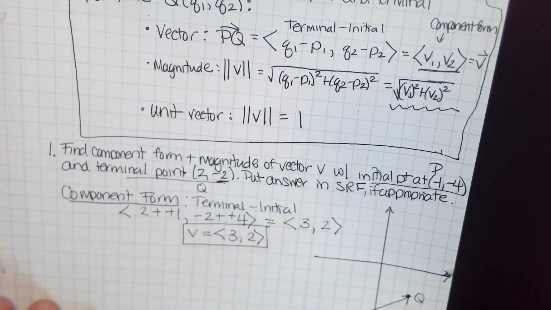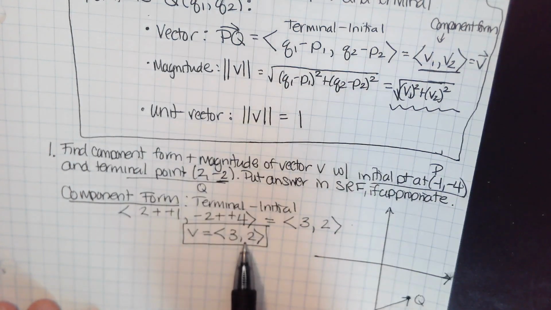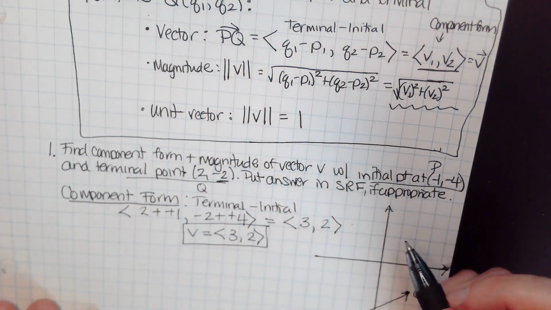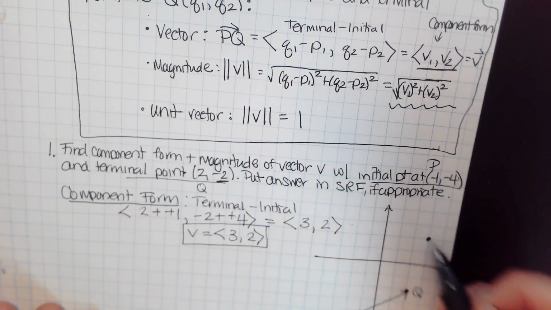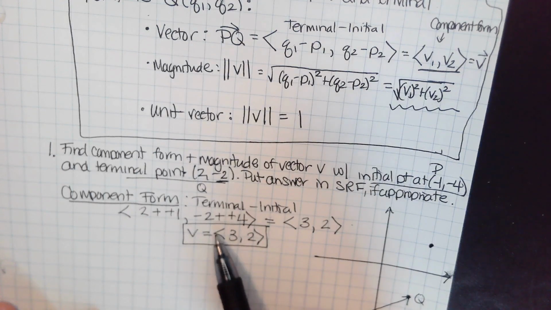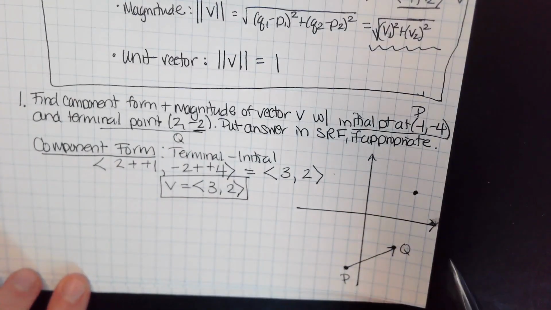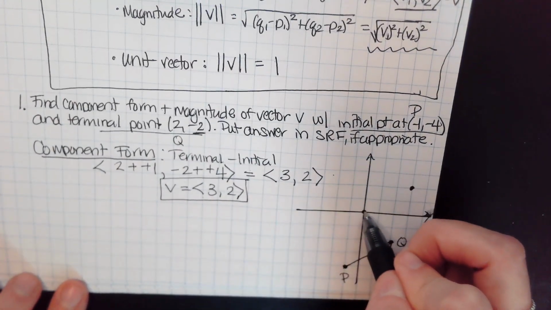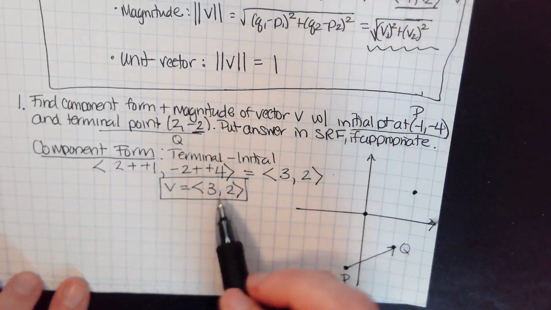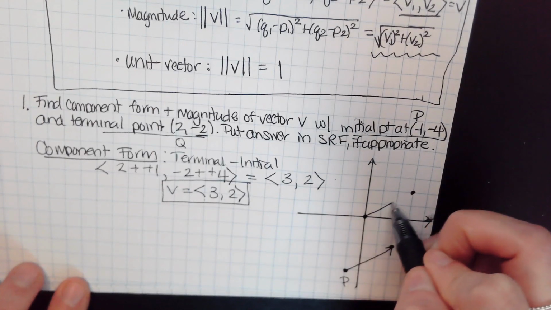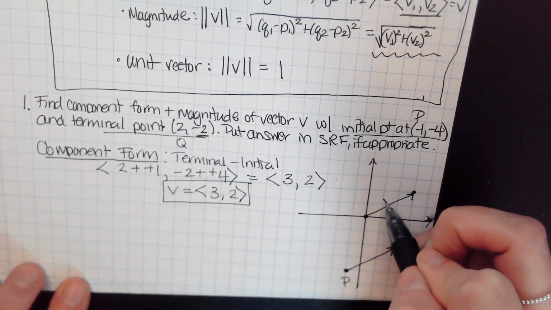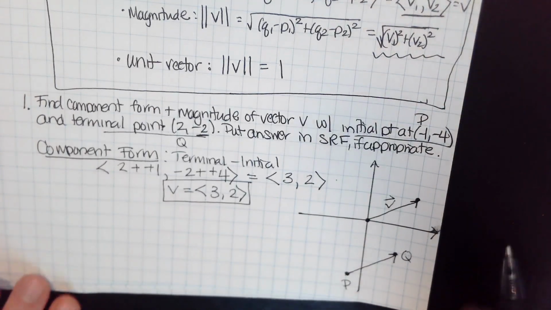That would be your vector PQ, the original one that was given. Now our new one in component form is <3, 2>, so I'm going to plot the point (3, 2). Anytime you're in component form, with these angled brackets, your initial point is going to be at (0, 0) and your ending point is (3, 2). So this is your new vector v.